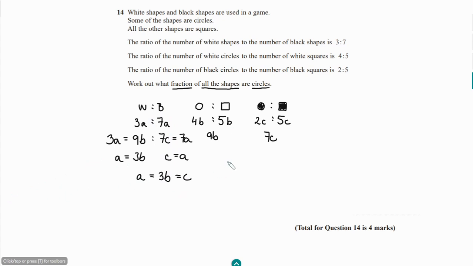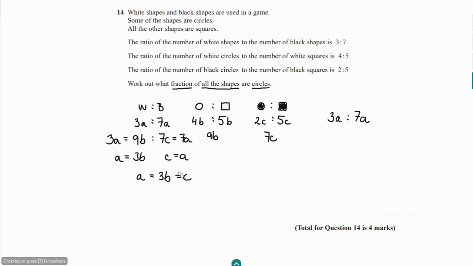Now what I decided to do was to rewrite the ratio again here. The basic ratio white to black, 3a to 7a, where a is 3b. I'll just decide to go through b's, because we're talking about the fraction of all shapes that are circles and I need to somehow get to the bottom of everything.